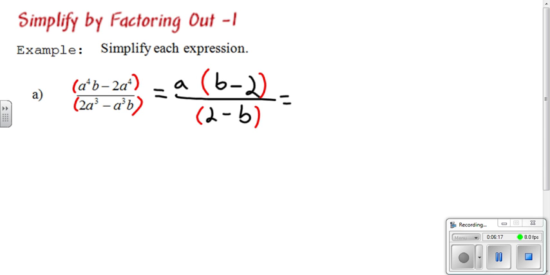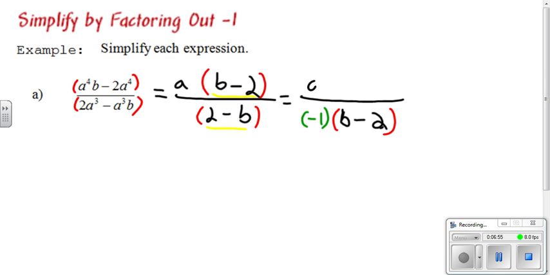Now, we can also notice that this factor, our b minus 2, and this one are very similar. In fact, it's just the two numbers flipped around. So if we take a negative 1 out of the bottom, pulling a factor of negative 1 out, that would leave us with negative 2 plus b on the bottom. And again, because of the commutative property of addition, we can switch those two around, and we'll call it positive b, and we're adding negative 2, b minus 2.